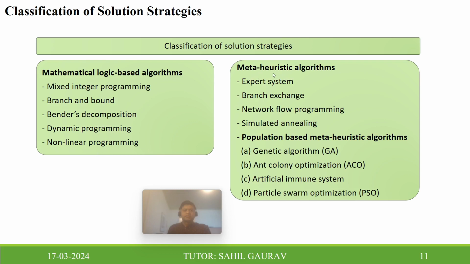Another way is metaheuristic algorithms, which include expert system, branch exchange, network flow programming, simulated annealing, and one of the famous and widely used, population-based metaheuristic algorithms, which include genetic algorithm, ant colony optimization, artificial immune system, and particle swarm optimization.